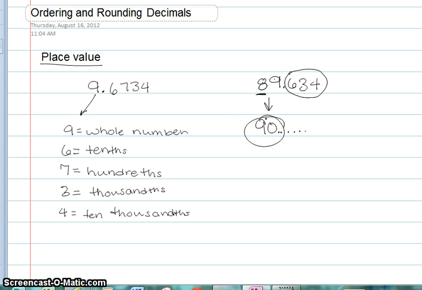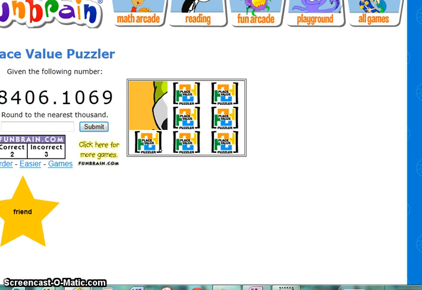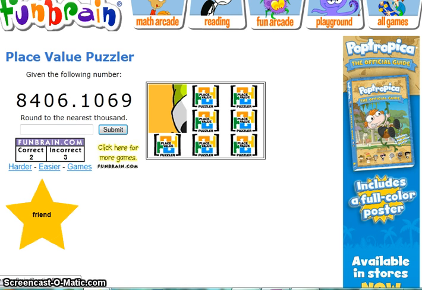the whole number. Another example I have is this equation right here. 8406.1069. And the problem says round to the nearest thousand. So 8 here is your thousand.